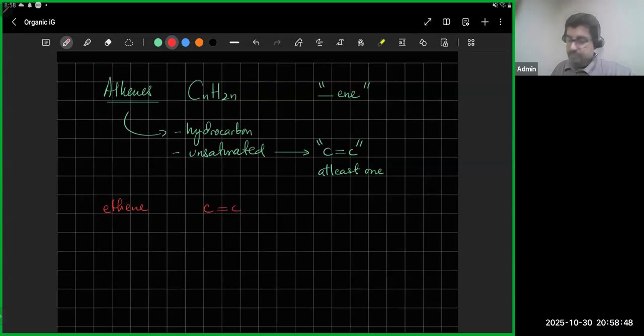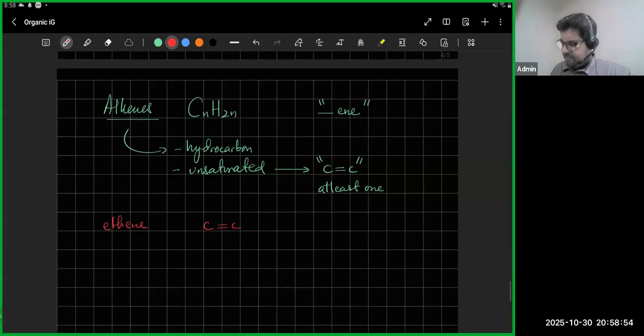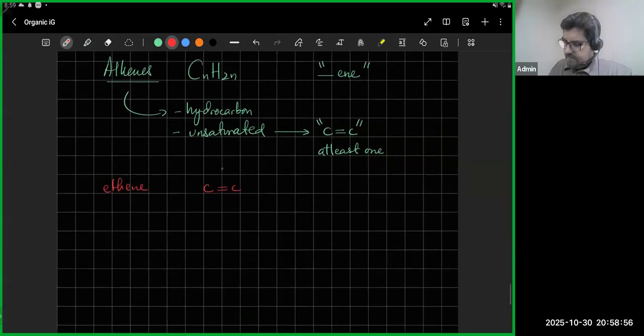Is the screen visible, can you see what I'm writing? Okay, moving on. You've got 2 carbon atoms, and this one will have 2 H's because carbon needs 4 bonds. This one will also have 2 H's. So that's what ethene is.